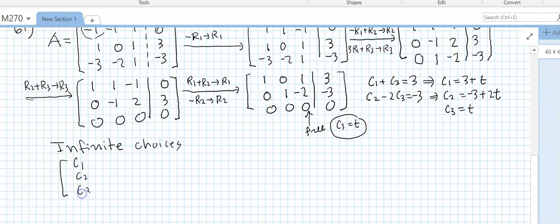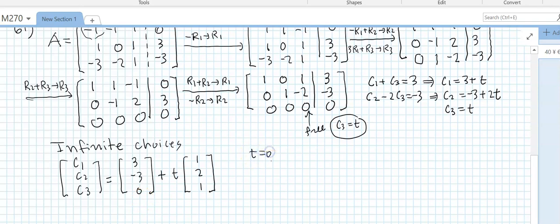C1, C2, C3 is 3, -3, 0, plus T times 1, 2, and 1. One possible answer is when T equals 0.